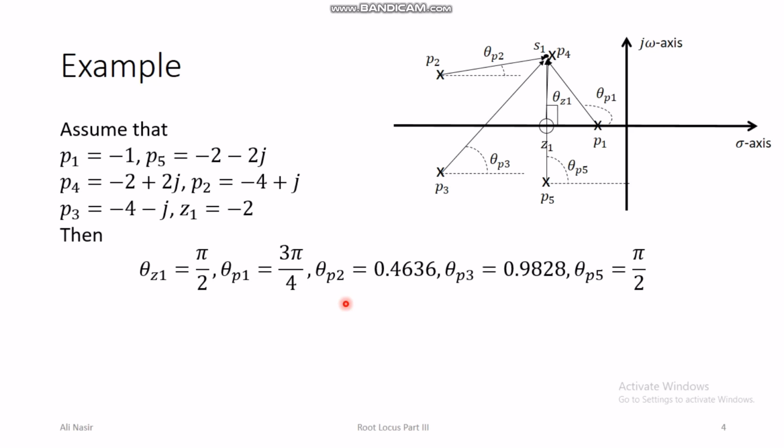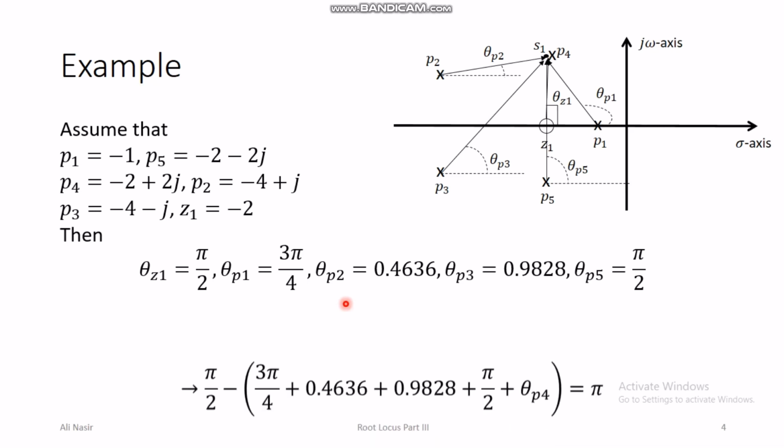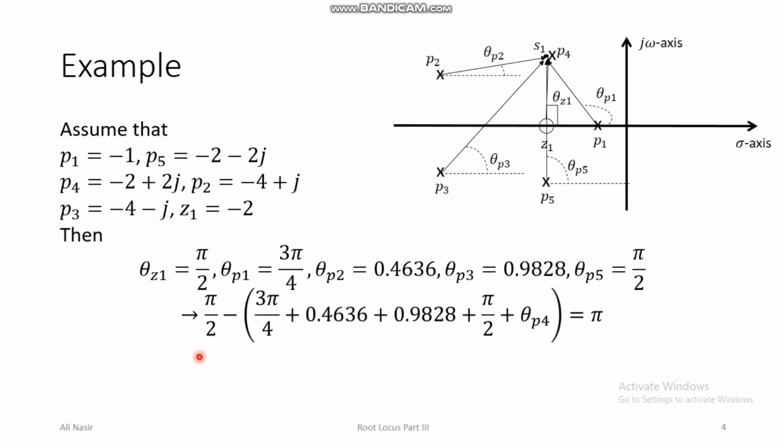All right, next what we do is we plug in all the values. This is the value of theta z1 minus the value of all the angles of the poles except for theta p4, and on the other side we put k equals 0, so (2k+1) times pi becomes simply pi.